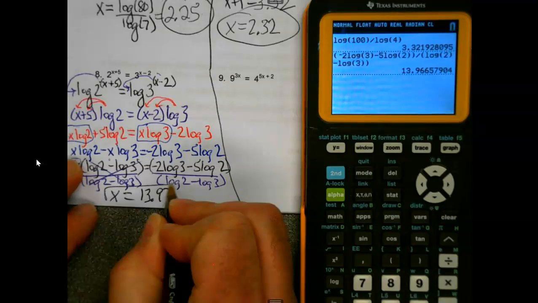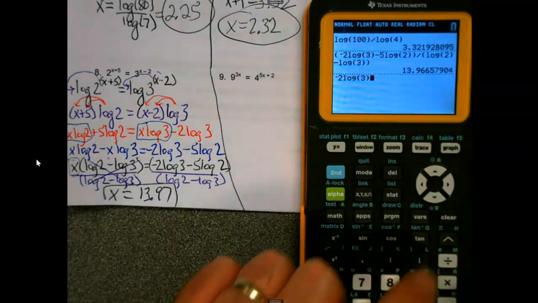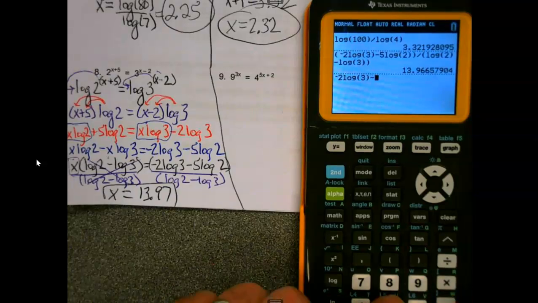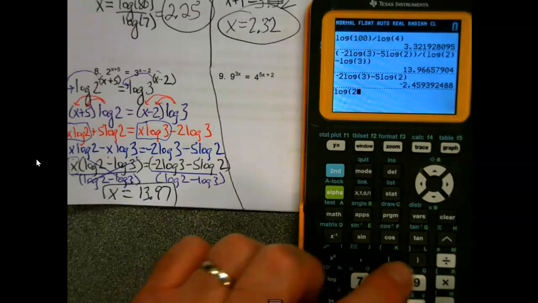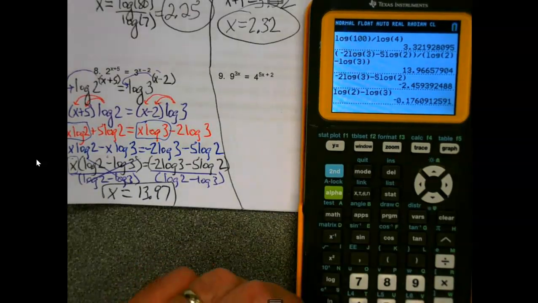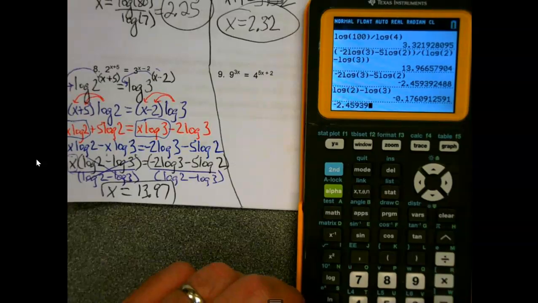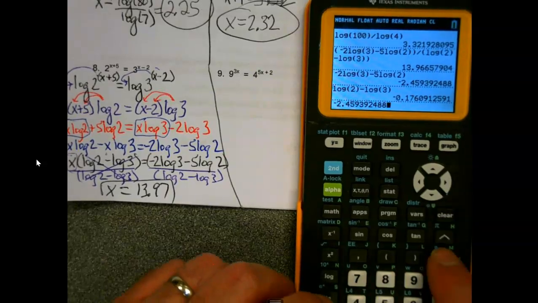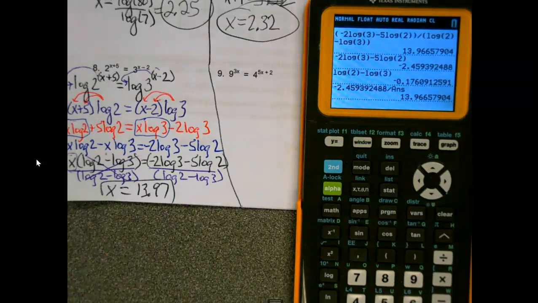So there's my numerator, there's my denominator. If I type in negative 2.45 divided by that answer, I get the same thing.